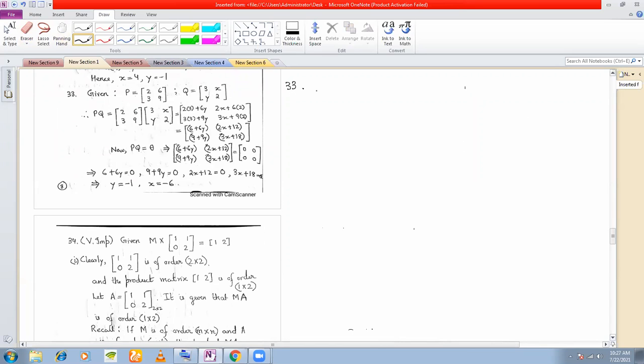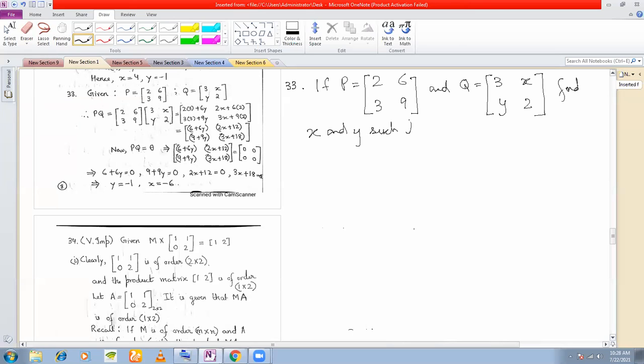The question here is, if P is equal to 2, 6, 3, 9 and Q is equal to 3, x, y, 2, find x and y such that PQ is a null matrix.